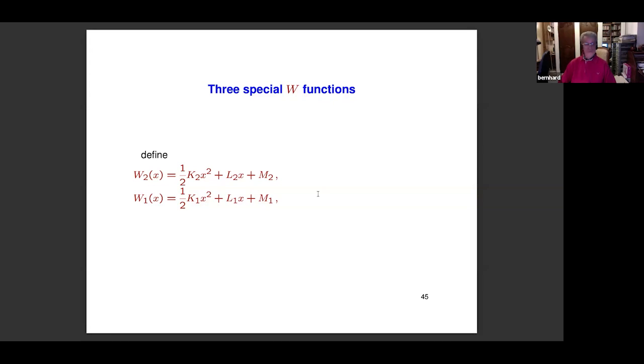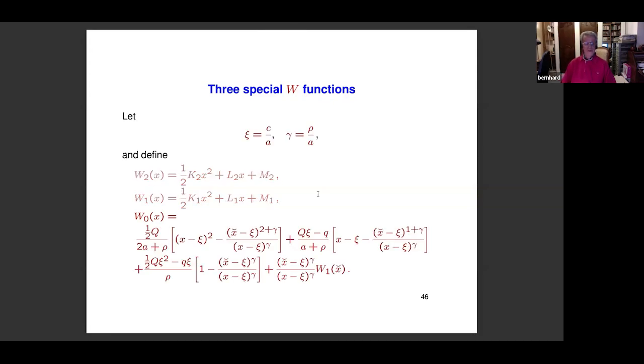And I introduced a third one, which I call W0, which is defined in terms of psi, which is just the stationary point of the dynamics under zero control, and gamma, which is the ratio of the discount coefficient over the dynamic coefficient of the equation. Notice that both are inverse over time, so this ratio is dimensionless. Thus, it has a meaning to have powers of gamma.